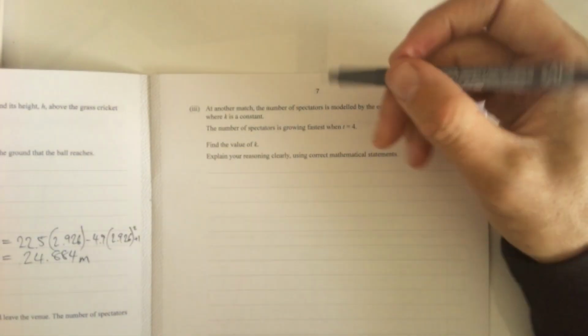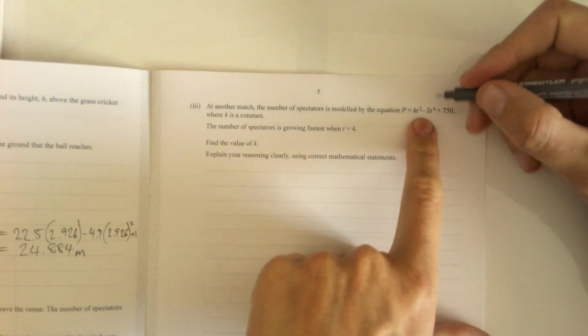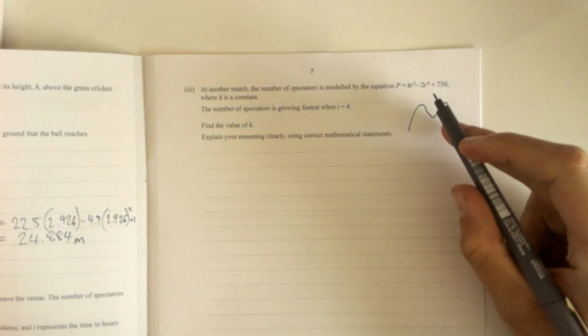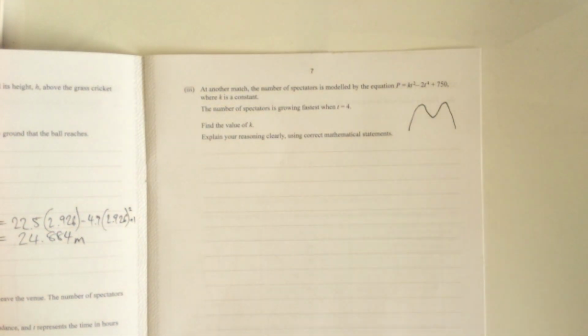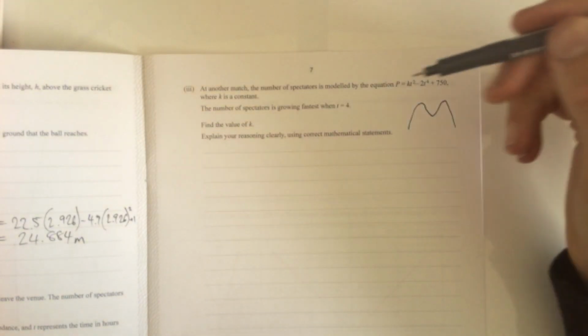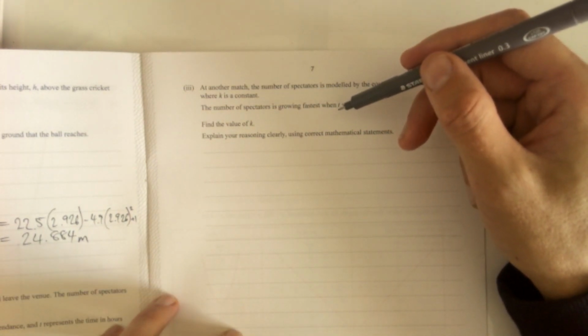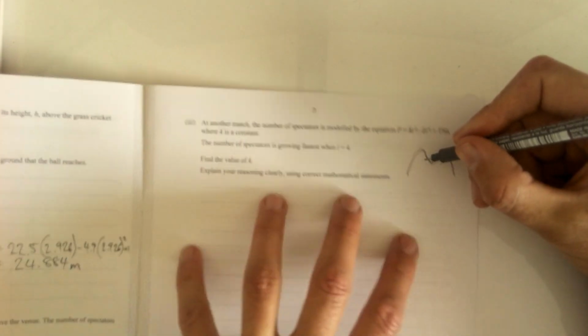That's fine, whatever. In another match, the number of spectators is modeled by something different, but it is also a negative quartic. Not quintic, have I been saying that? Quartic. The k is a constant. Find the number of spectators is growing fastest when t equals 4.